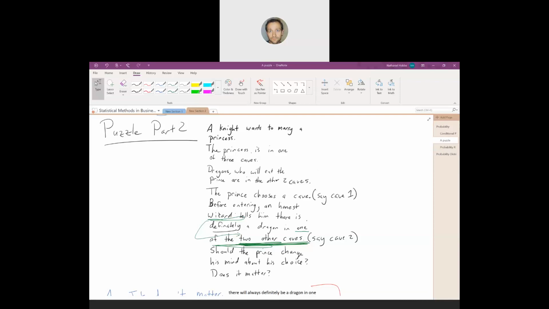Hi. Hey, so what do you remember about this? Why is there a difference when the wizard gives information, or more importantly, why is it not a half and half choice for the knight? Why is it 1/3, 2/3? I don't remember exactly because we went through the mathematical stuff. The example that I remember that cleared it up for me was when you broke it down into 100 caves, and he would reveal all except two.